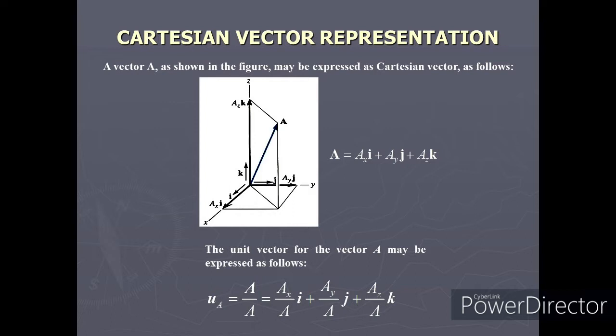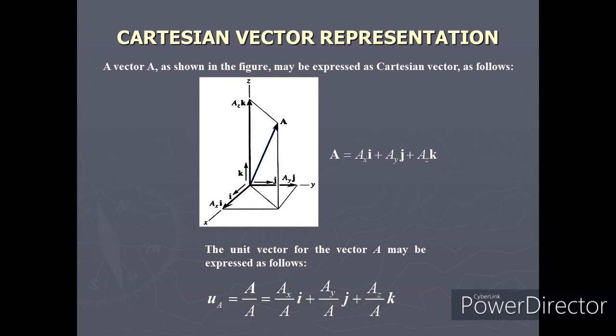Here we explain i, j, k directed along the axes, and the representation is just the same way as we did for 2D. For the axes, we have Ax i, Ay j, and Az k. The vector is now given by the sum of its components. So here we are just adding this last term, isn't it?